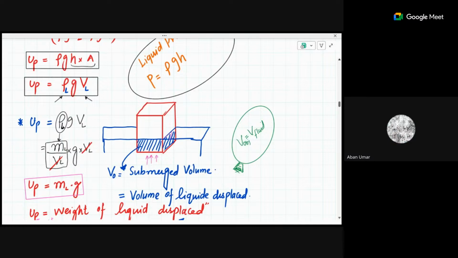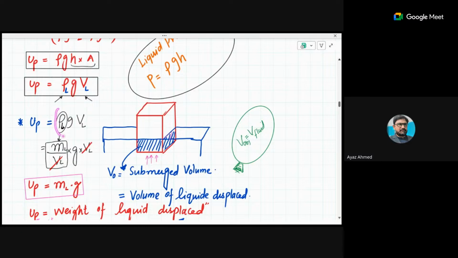Yes, it's clear. Okay. So this is a topic in which we have to take care of the area which is submerged in the liquid. So upthrust is equal to mass into g. Why?